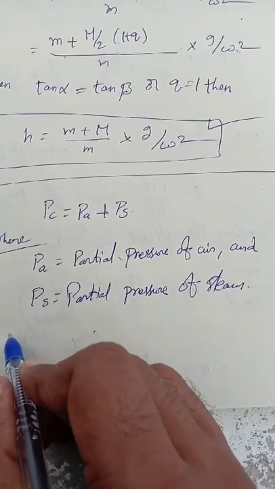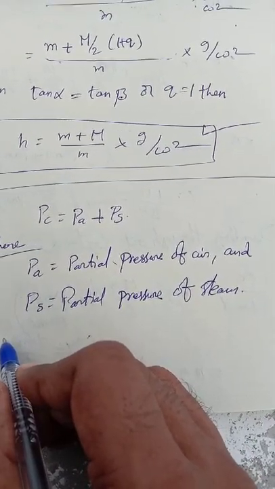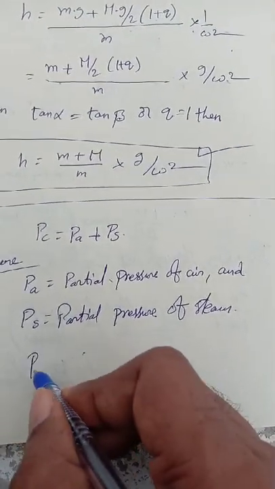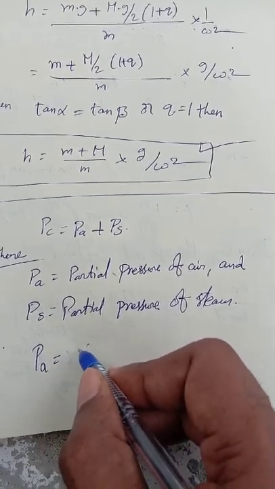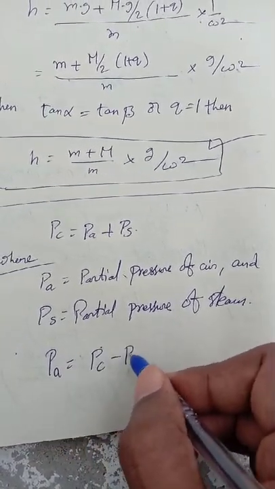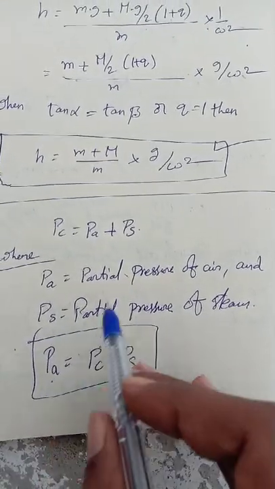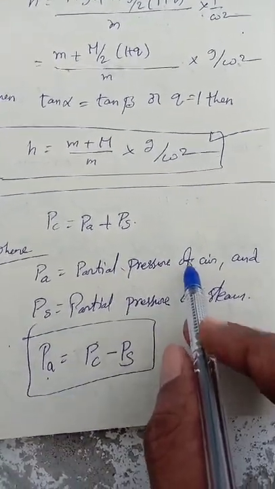Note that in most cases we are required to find the partial pressure of air. So PA is equal to PC minus PS. Mostly we are going to use the partial pressure of air.